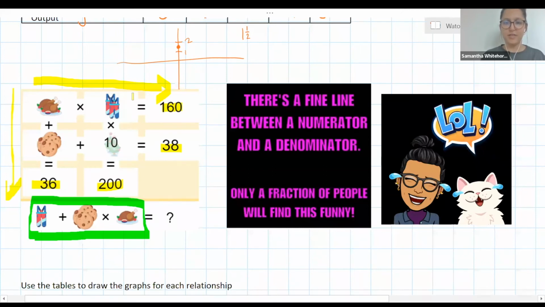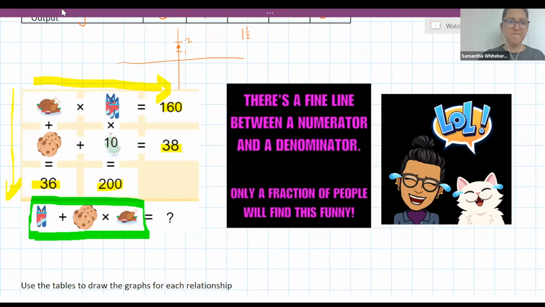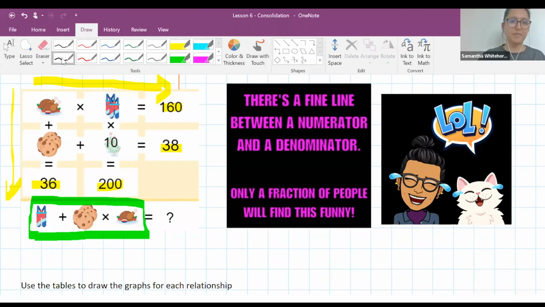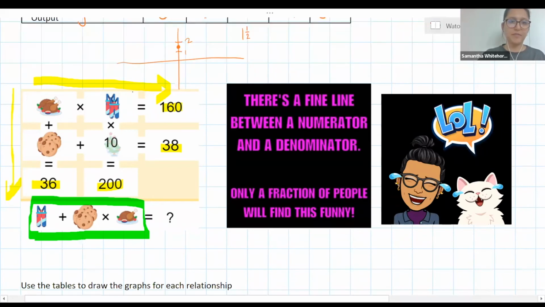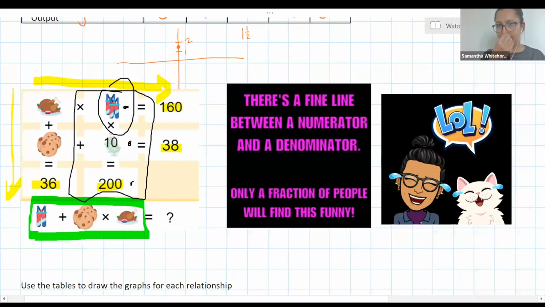I see Junior helping us out here. If you're feeling stuck, start with this column over here. Ask yourself, if you take 2 pairs of pants and times it by 10 and get 200, what should the 2 pairs of pants be worth?